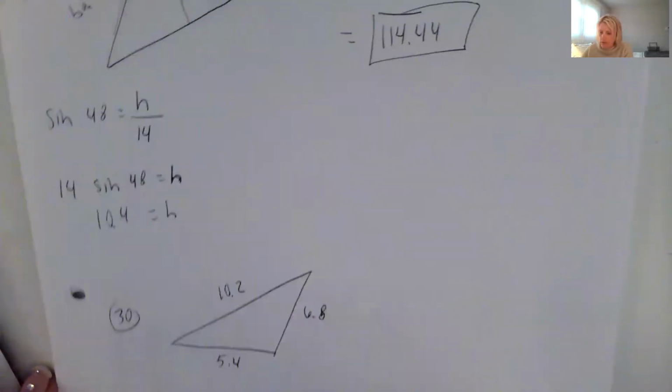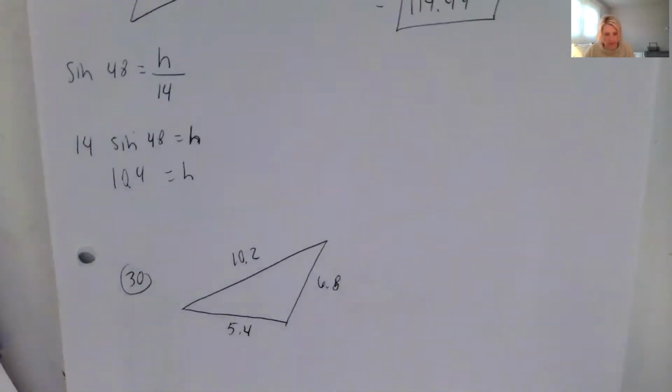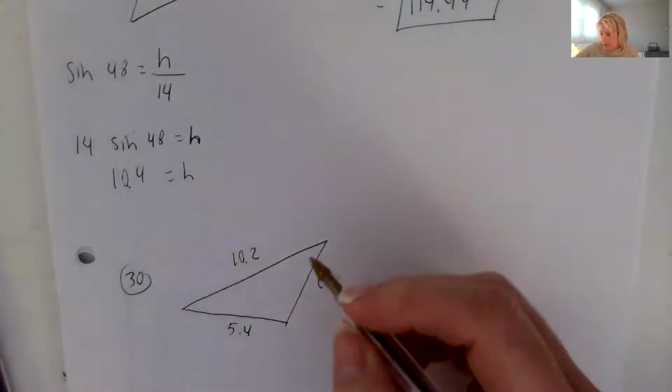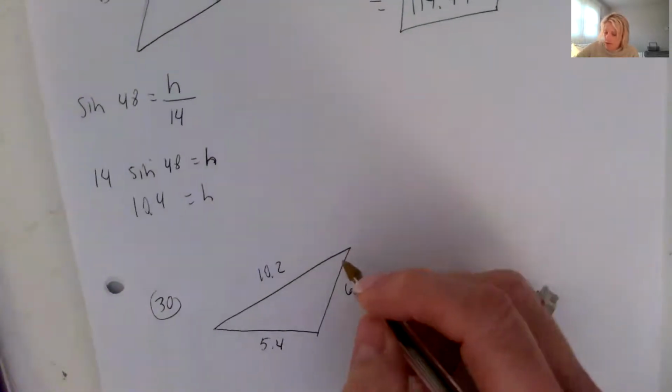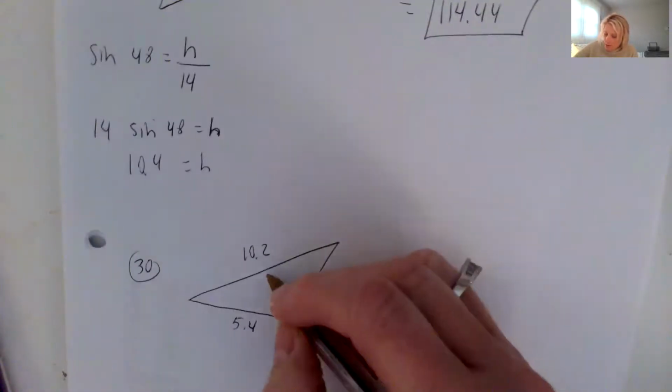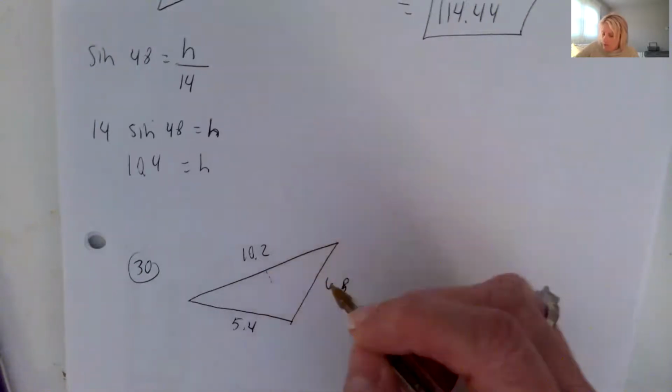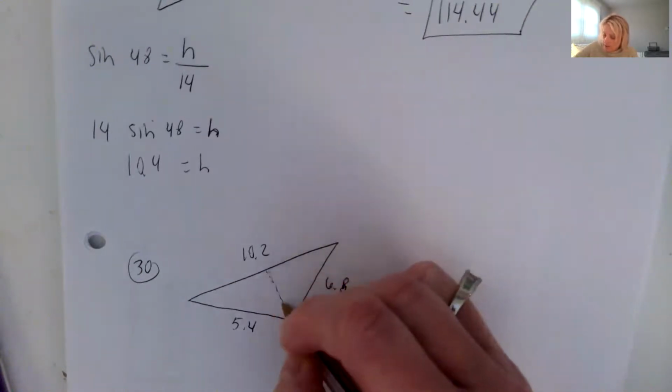Okay, let's look at number 30. Number 30 is a triangle with just 3 sides. They don't give us any angles, and they want us to find the area again. So we're going to have to find an angle here.